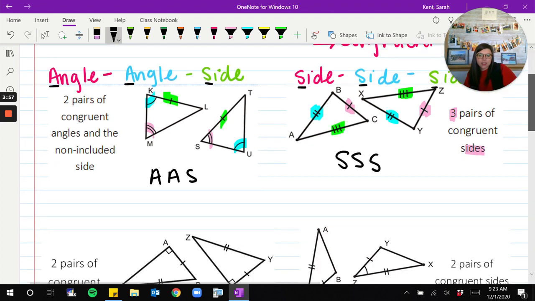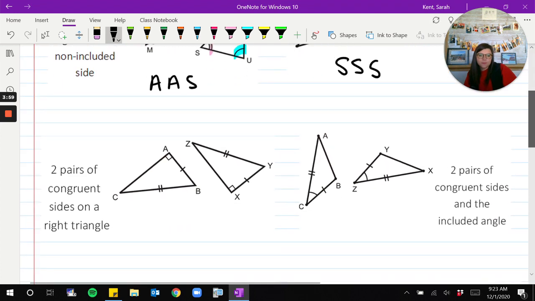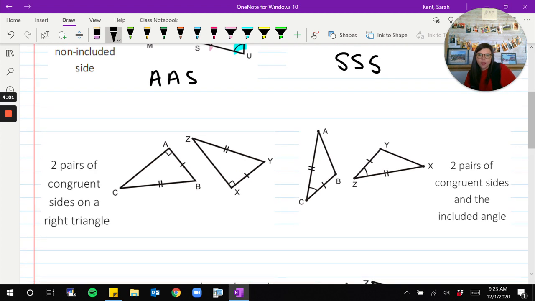All right, let's look at some more. On this next one, we have 2 pairs of congruent sides. Here I have 2 sides on a right triangle. In order to have a right triangle, we have to see the little square in a corner.